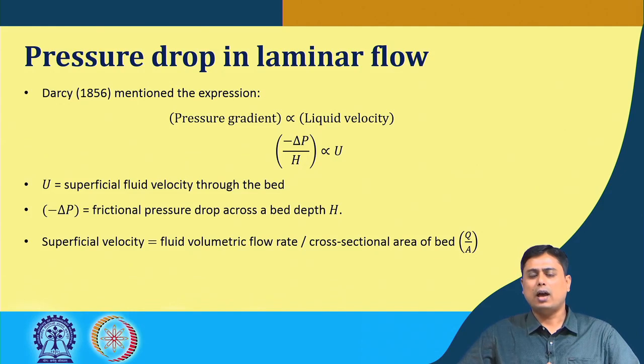So if you have Q units of volumetric flow rate happening through a cross sectional area of A square units, and Q is your volumetric flow rate, that is unit cube per minute, hour or time, then Q by A is basically the superficial velocity.